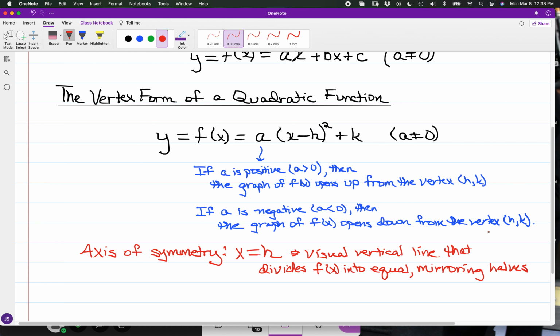Now regarding the vertex, the ordered pair consists of the coordinates h and k. This is the location from which the graph of the quadratic function is going to open.